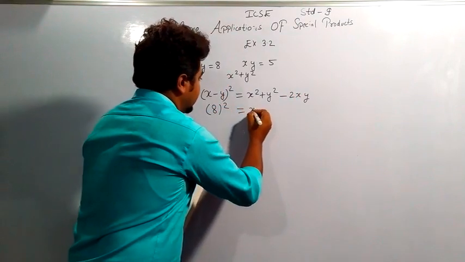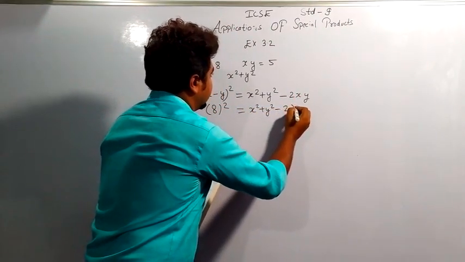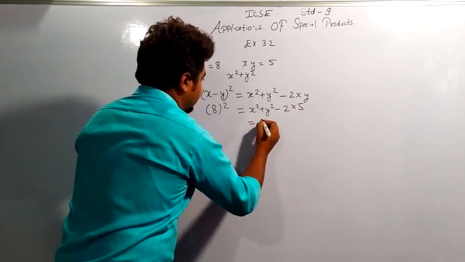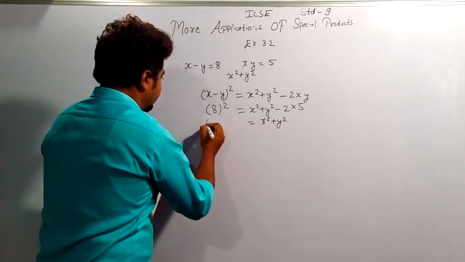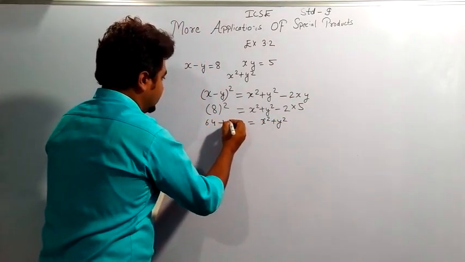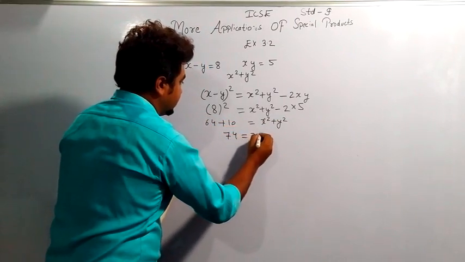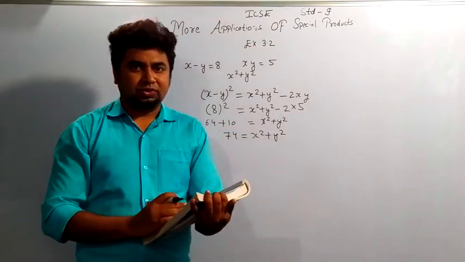This is x square plus y square minus 2xy. The xy value is 5. So from here we get x square plus y square is equal to 64 plus 10, which comes out to 74. So this is the answer for question number 1.